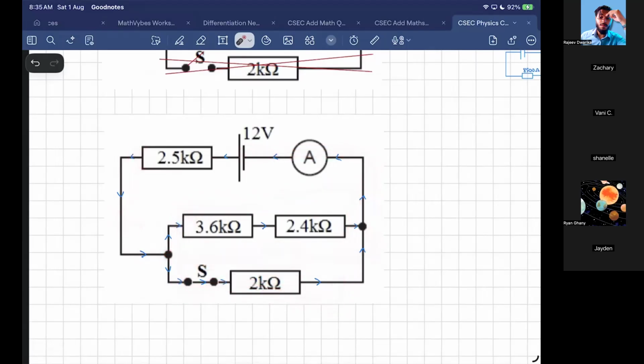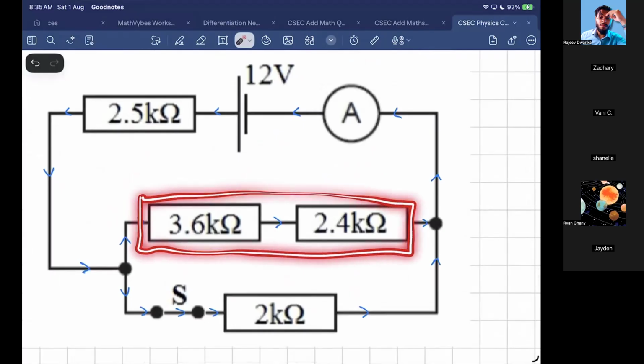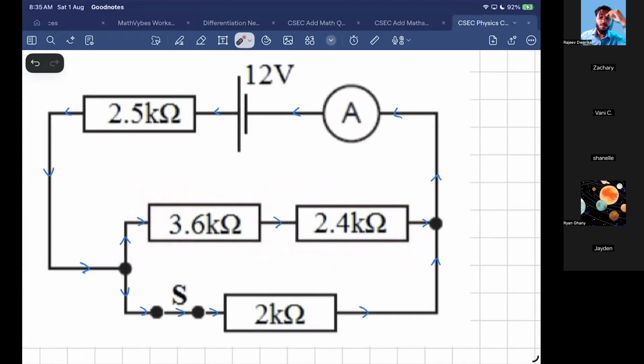And so by doing that, you'll form what type of circuit? Series. Exactly. Now, upon closer inspection, this sub-circuit here, is it series or parallel? Series. Exactly. So here's my advice for you guys: if you are seeing any series circuitry, simplify that first.